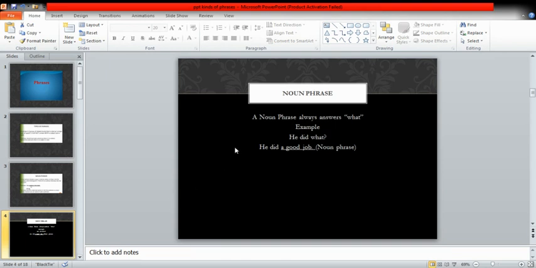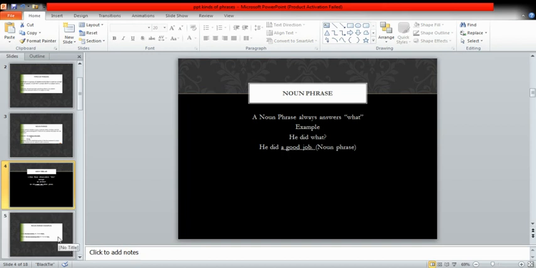Yes, the same concept which we have discussed, it always answers what? He did what? He did a good job. A good job is underlined over here. It means a good job is a noun phrase because it is answering what. So, this is the best and the easiest way to identify a noun phrase in your exam.